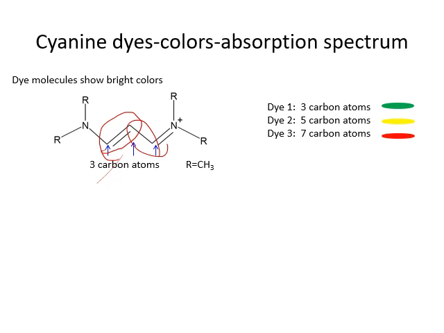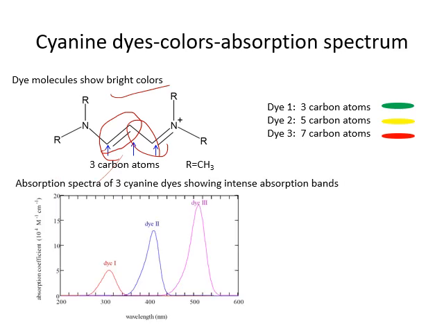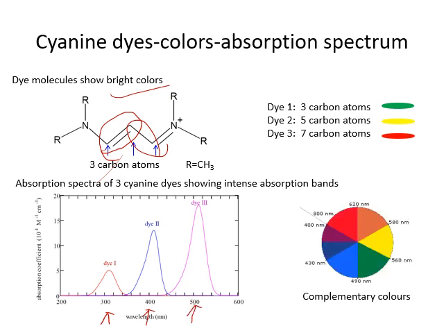These molecules show bright color, and the color depends on the number of double bonds. These properties can also be analyzed by measuring the absorption of UV light. Different numbers of carbons and double bonds absorb at different wavelengths, and this gives you different colors.